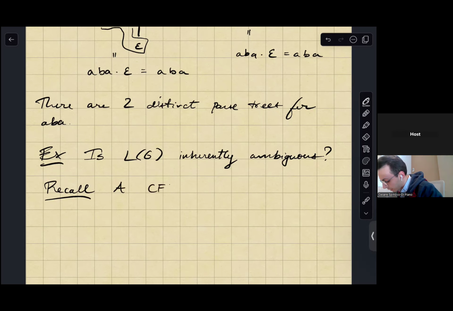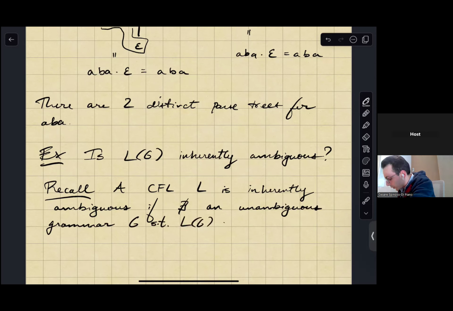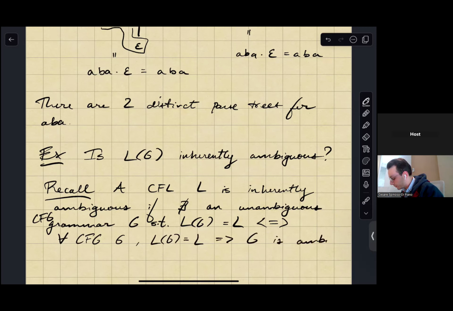So a context-free language L is inherently ambiguous if there does not exist an unambiguous grammar G such that L of G is equal to L. Or in other words, we can restate this as: for every context-free grammar G, if L of G generates L, then G is ambiguous, right?